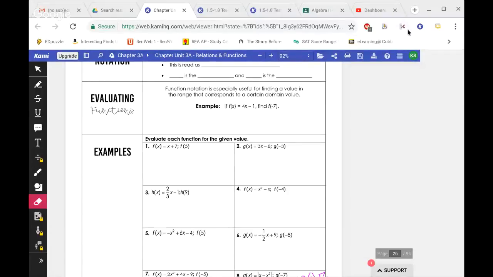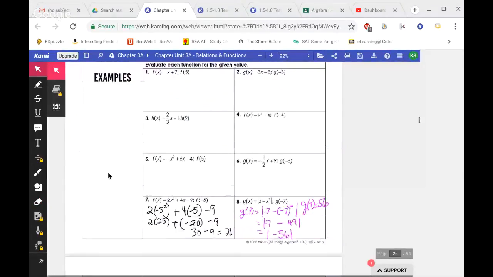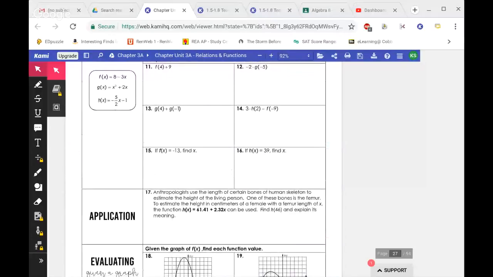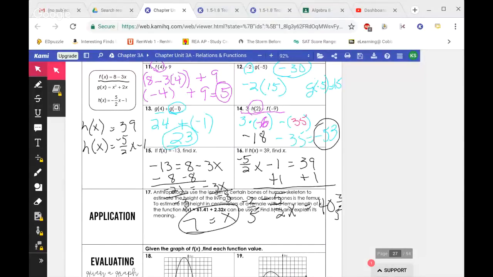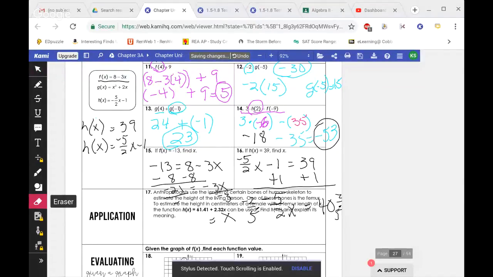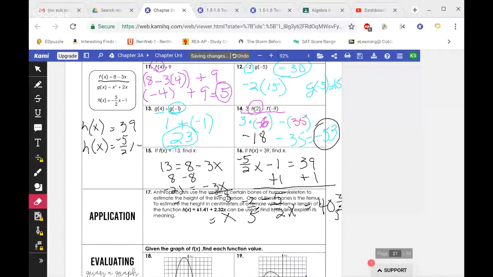Okay, yeah, those were a little more challenging. What you'll notice is that where it says f of x equals negative 13, it then tells you to find x.